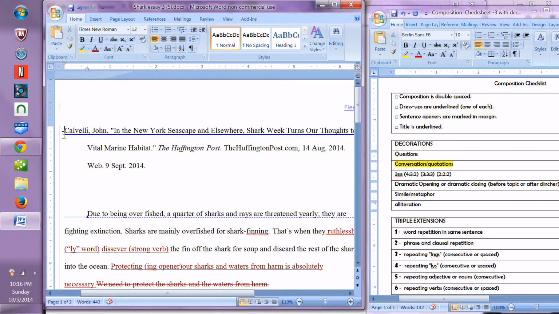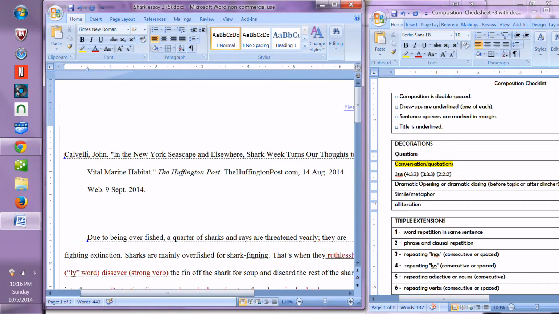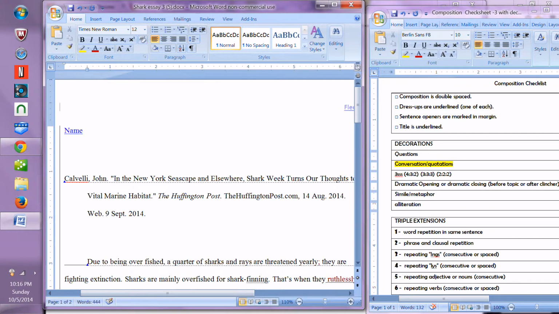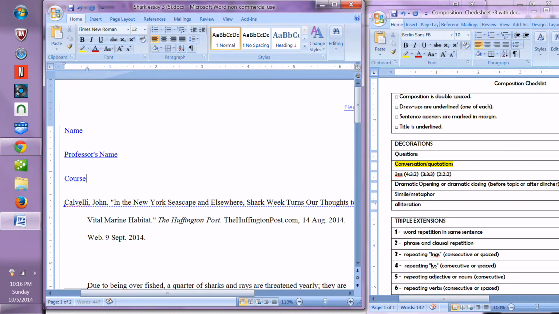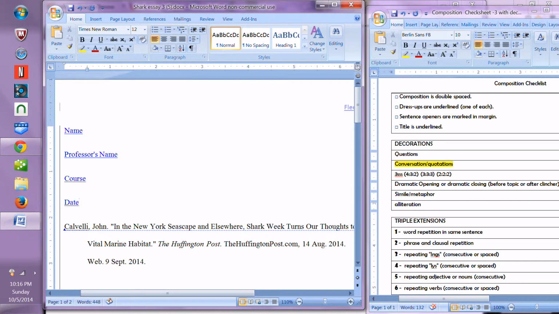And then before you start your paper, on the first page only, you put your name, your professor's name, your course name, and the date. And so your first page of your paper written in MLA style will have your name, your professor's name, your course, and your course here is essay writing.